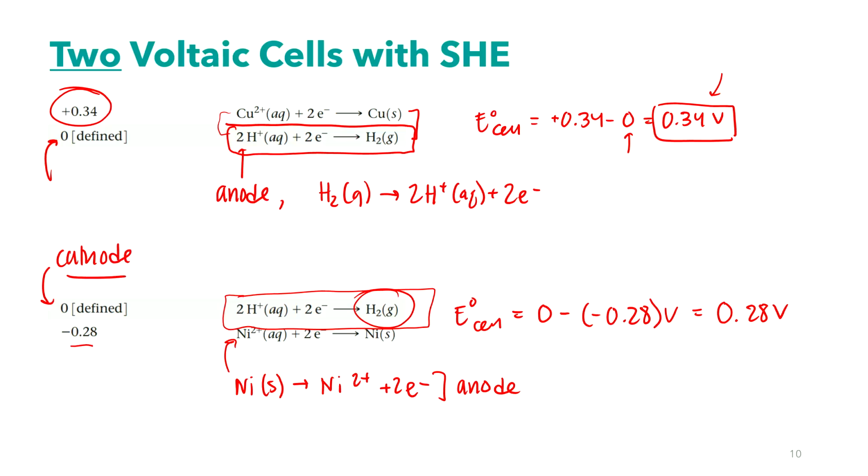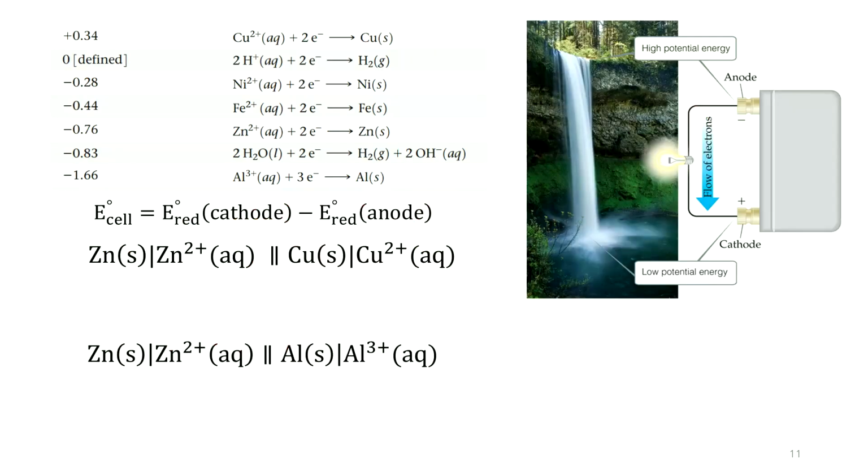So to determine who is who, you can't memorize that copper is always going to be the cathode, because you can partner it with something that has an even more positive standard potential. This is very similar to the concept of acids and bases: yes, this will act as the acid if it's with something more basic, but it could do the opposite if you partnered it with something more acidic. All right, so here let's look at two examples.